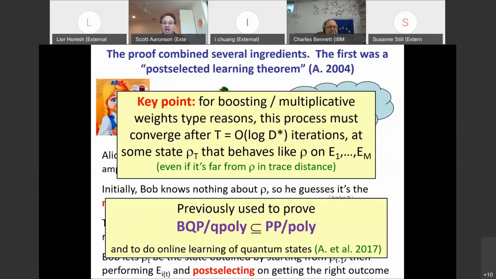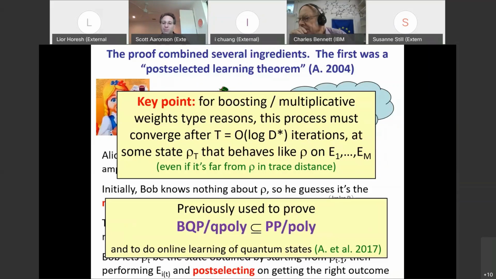Okay, so at the time I used this result mostly for quantum complexity theory. I used it to show that BQP, or quantum polynomial time with quantum advice, can be simulated in a classical complexity class, PP, like a counting complexity class with classical advice.